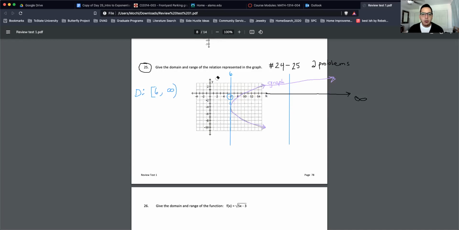Okay. The range is very similar. But now instead of thinking about the x-axis and the boundaries to the left and the right, for the range, we want to think about the boundaries of the graph on the bottom and the top. And we're going to be using the y-axis to measure where those boundaries are. So again, we want to focus on this graph, this curved line over here.